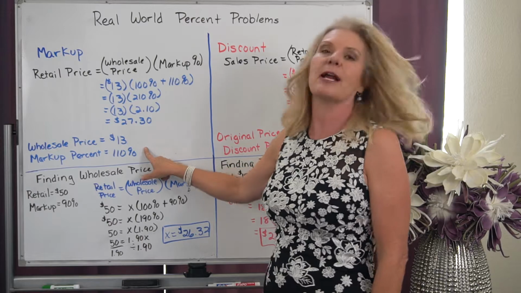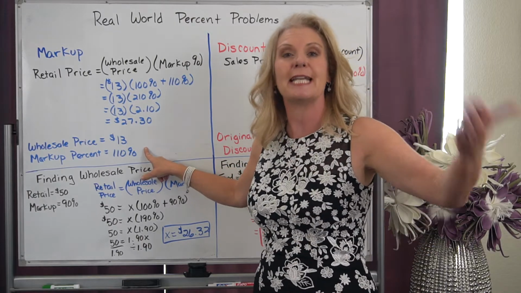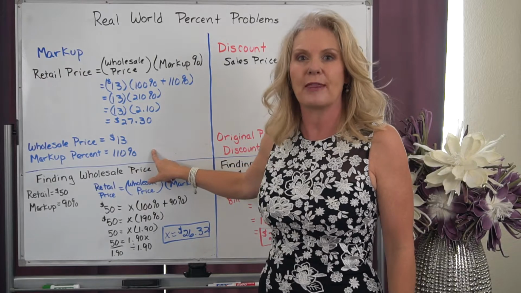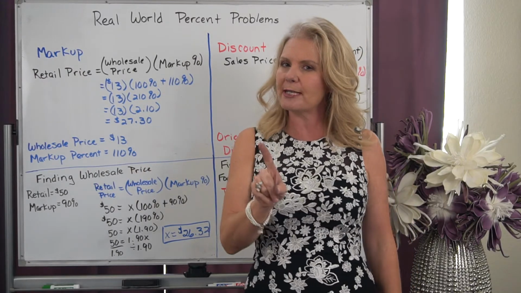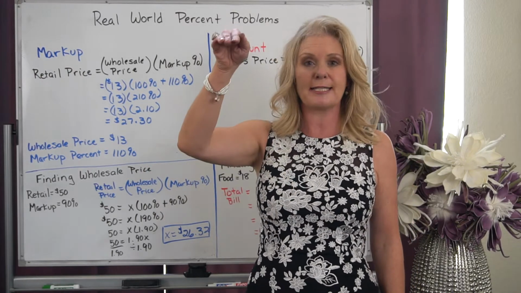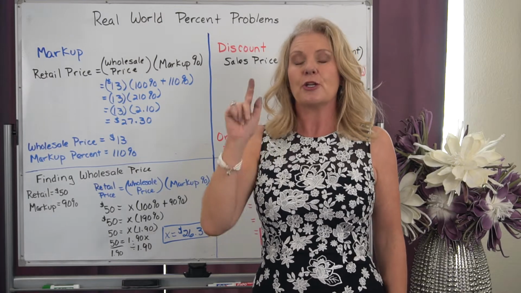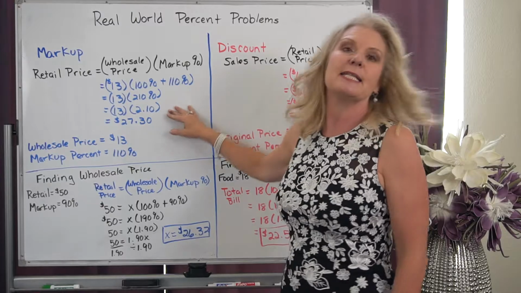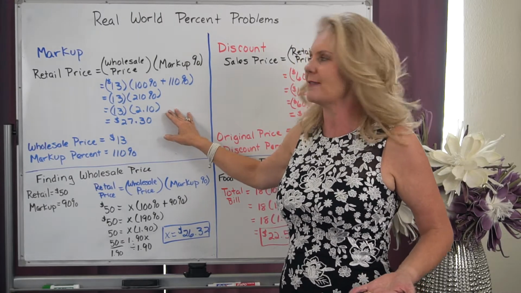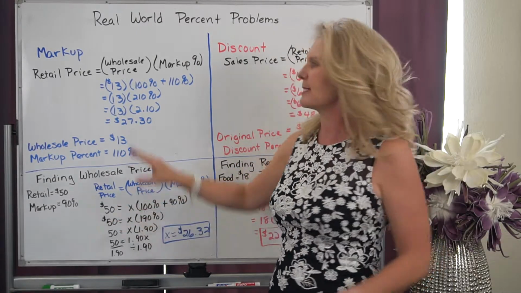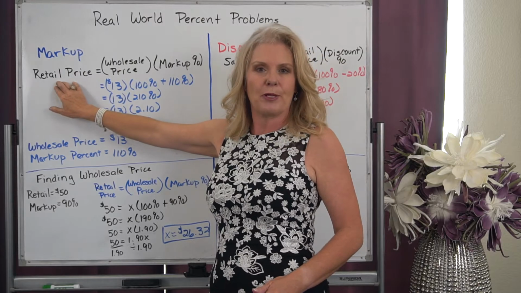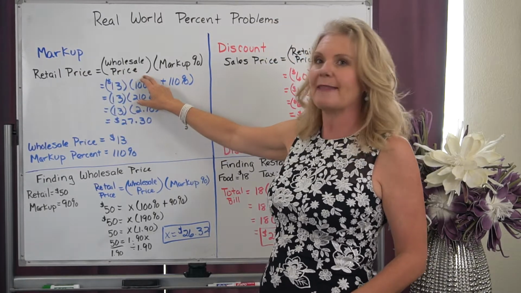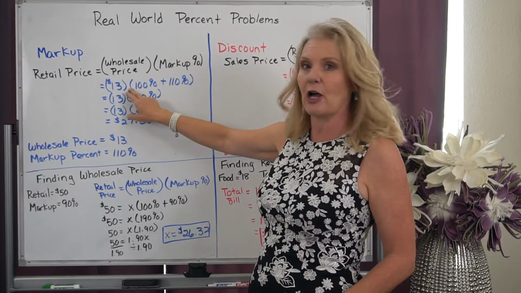So we decided, all right, we're going to mark it up 110%. Now, I know that's going to more than double that $13. If I only marked it up 100%, it would just double it up to $26. So really, we're going to go a little bit more than that. Well, we can use an equation to help us solve this, and this equation never changes. We can determine what we want to sell it for, or that retail price, by just multiplying that wholesale price of $13.